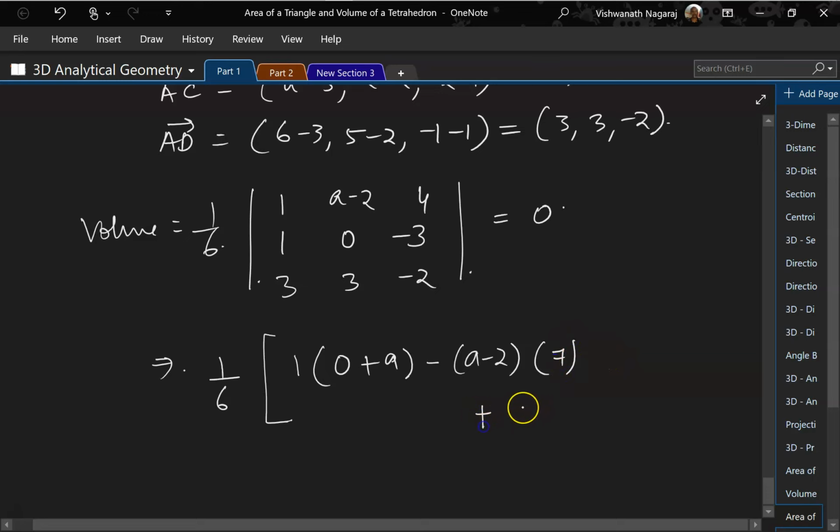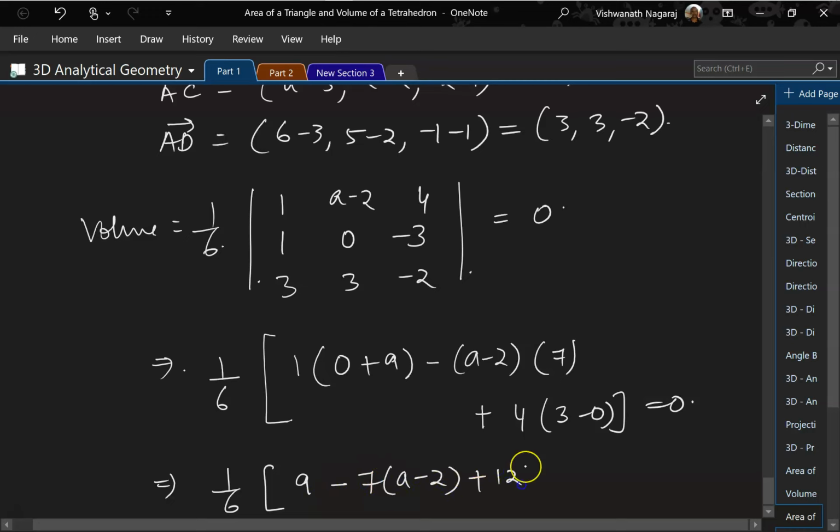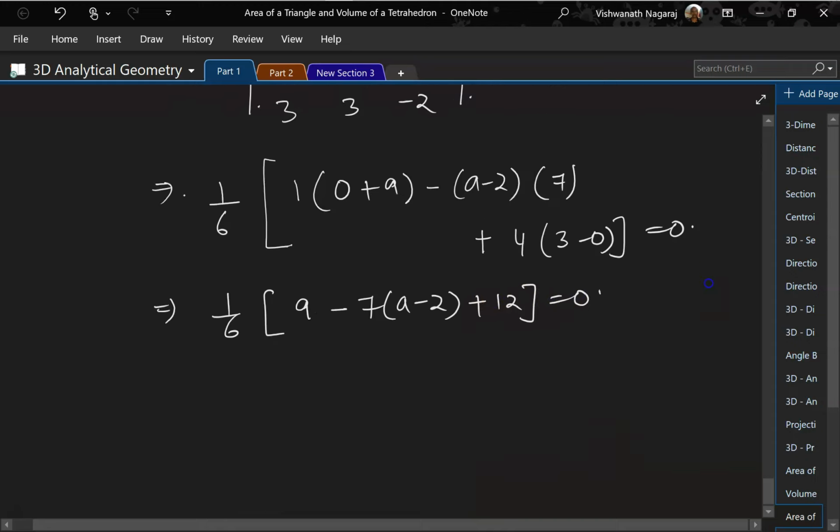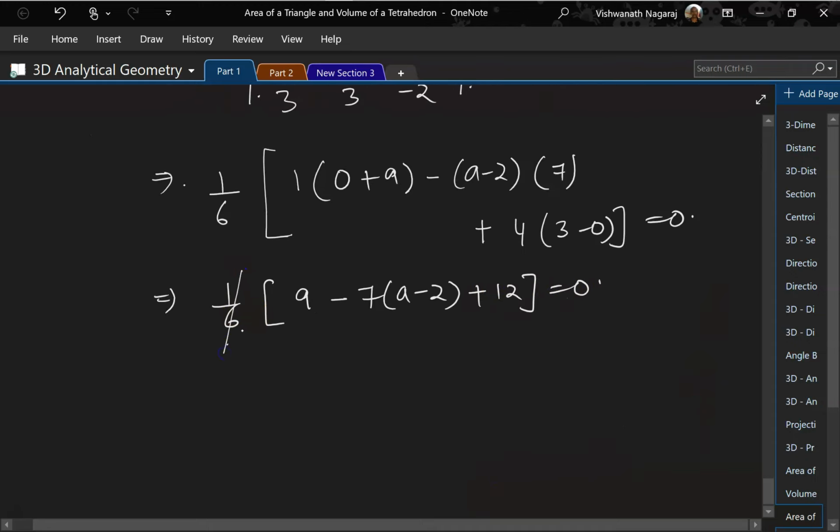Then plus 4 times (3 minus 0) equal to 0, which implies 1 by 6 times (9 minus 7 times (a minus 2) plus 12) equal to 0. Now 1 by 6, if we take it to the other side, it will disappear. So we could have done it earlier itself.